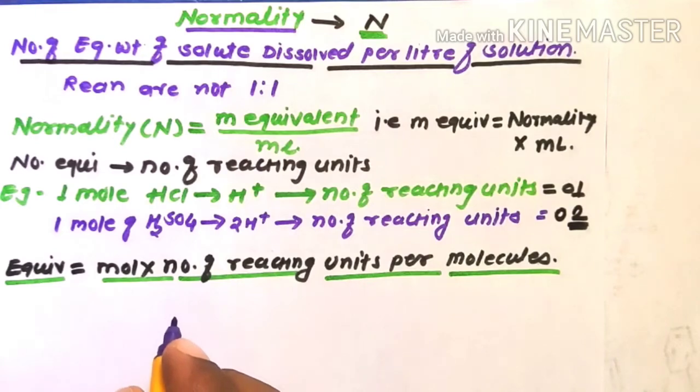The equivalent weight is therefore defined as the weight of substance in gram that will furnish 1 mole of reacting units.